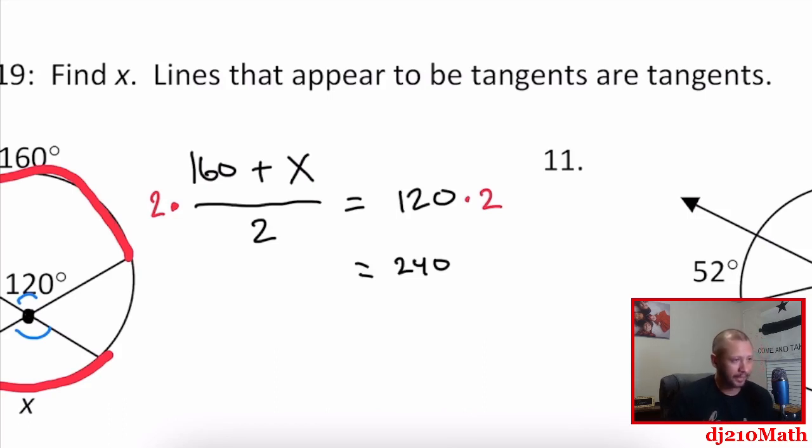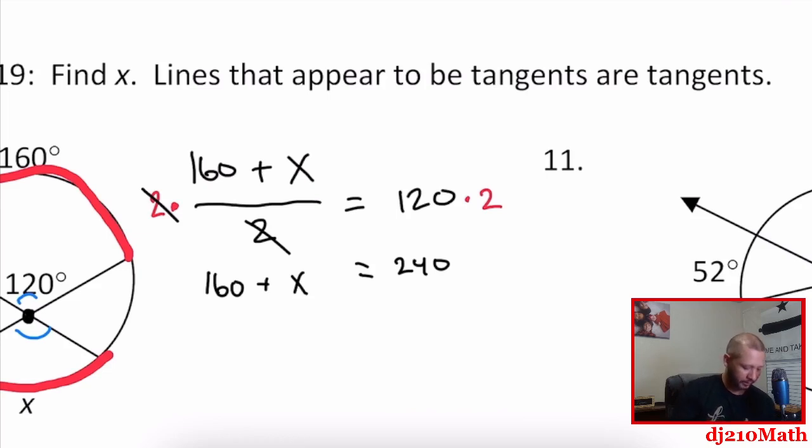On the left-hand side, a rookie mistake is to think, oh, I'm going to distribute. You're not distributing. The whole purpose of multiplying by 2 is because the left-hand side is being divided by 2, so the 2's are going to cancel, leaving behind just the top, which is 160 plus x.